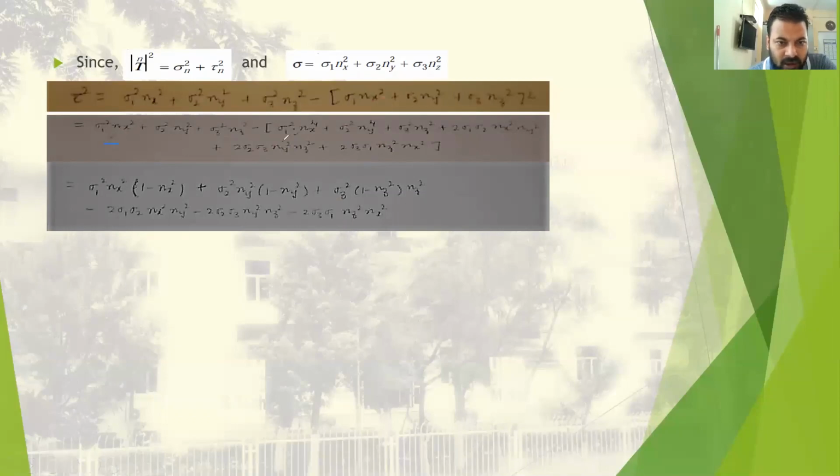This nx square and nx square term in this nx to the power 4 has been taken as common and written like this. Then this ny square and this ny square from this ny to the power 4 has been written here. Similarly, this nz square and nz square, from here it was nz to the power 4. So it is taken from here and the rest of the terms are written as usual.